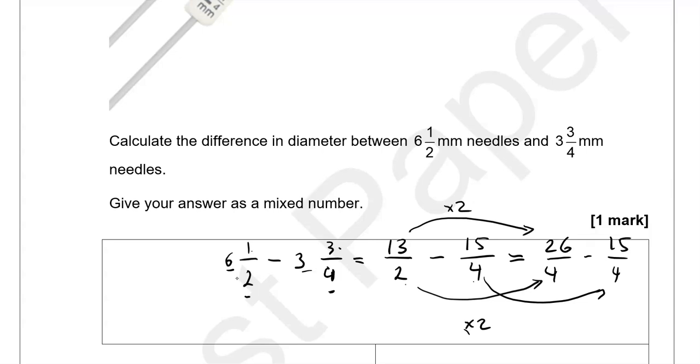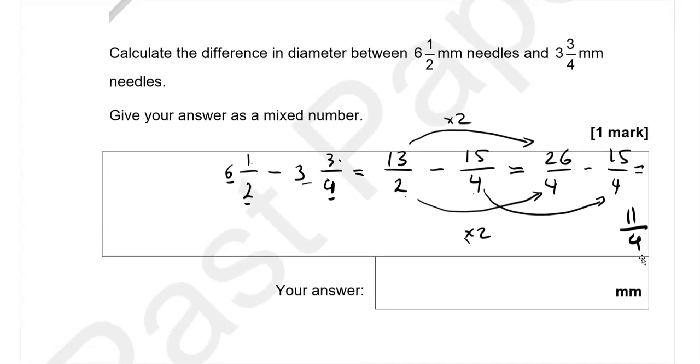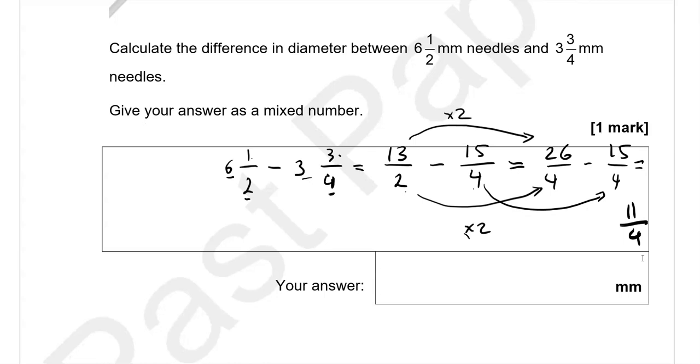So 26 take away 15 gives us 11/4. Now we've been told to write the answer as a mixed number. So now converting this into a mixed number, how many 4s fit into 11? That is 2, and then we have 3 remaining. And we write it like that, so 2 3/4.